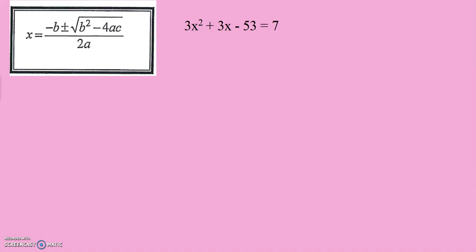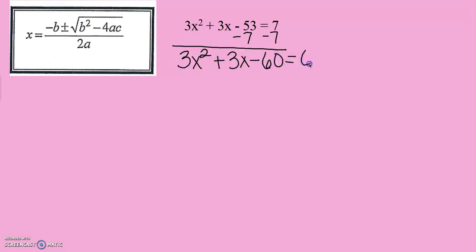Okay, in the next example, we have 3x squared plus 3x minus 53 equals 7. Before we can start this one, we need to subtract 7 from both sides because the equation needs to be equal to 0. That's 3x squared plus 3x minus 60 equals 0. Now that the equation equals 0, a equals 3, b equals 3, c equals -60.